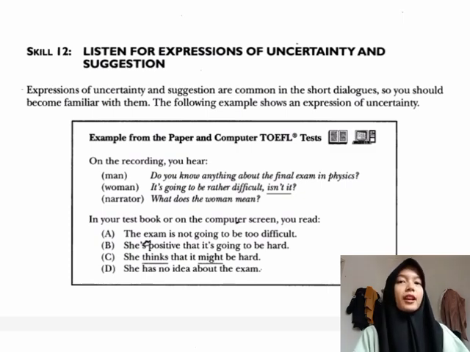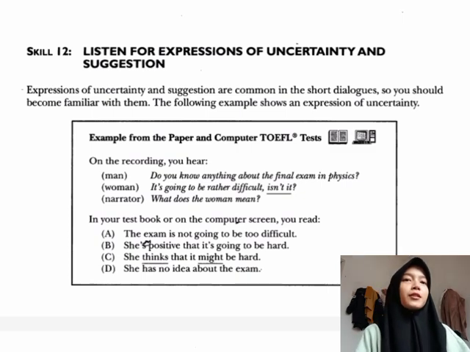This is the right answer because she is only thinking it and still unsure. And D, she has no idea about the exam. This is wrong because she knows the exam will be hard, but she is still not completely sure.